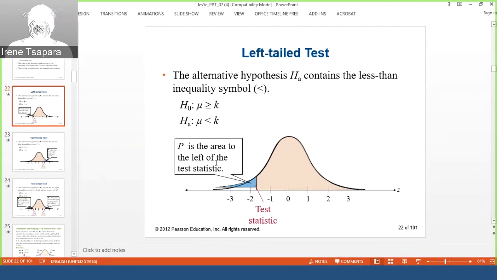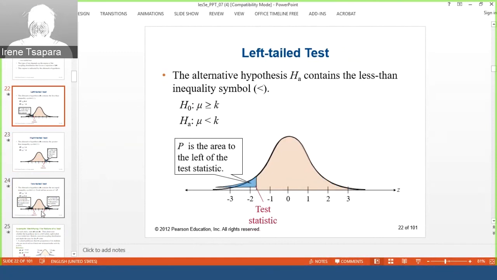If your p is greater than your alpha, then this means that your p will be to the right of the blue area. So it's not going to be in the rejection area, it's going to be in the non-rejection area. This is how we compare the p-value with our rejection areas that are the alpha.